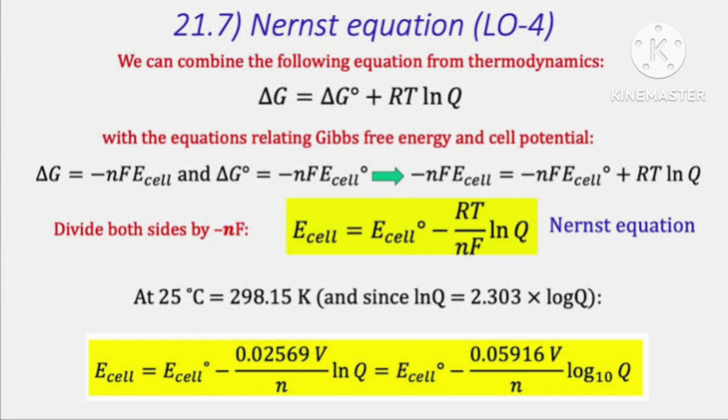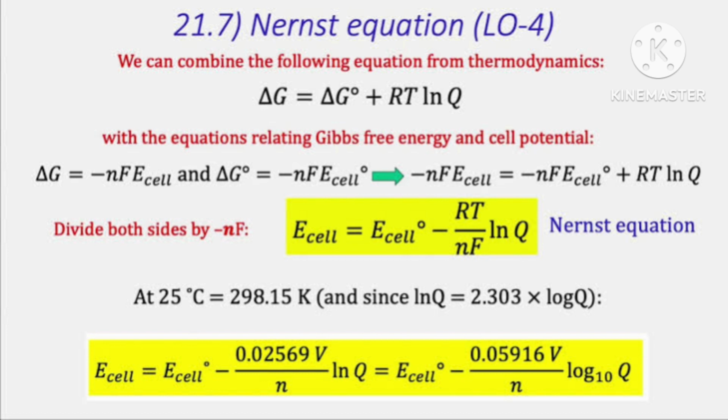Now you know that E cell is equal to standard E cell minus 0.059 divided by 2 log base 10 of the molar concentration of zinc ion divided by the molar concentration of copper ion, that is, Zn2 plus divided by Cu2 plus. Correct? This relation you know.